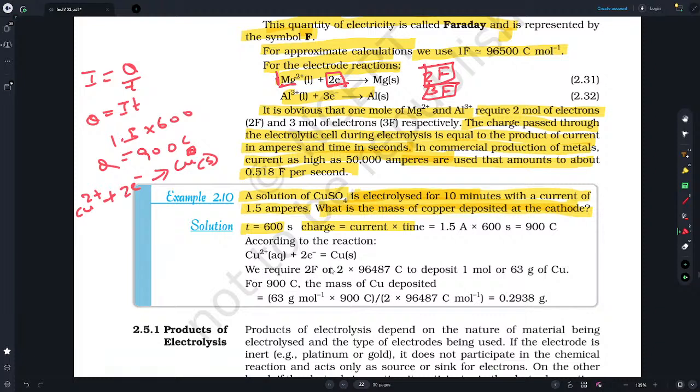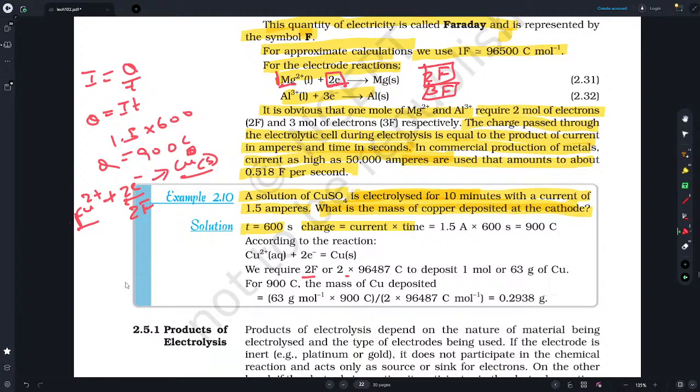We require 2F because 1 mole of copper requires 2 moles of electrons, which is 2F of charge, to completely reduce this 1 mole of ions to solid or neutral. So they used 2F, which is 2 into 96,000, to deposit 1 mole or 63 grams of copper.